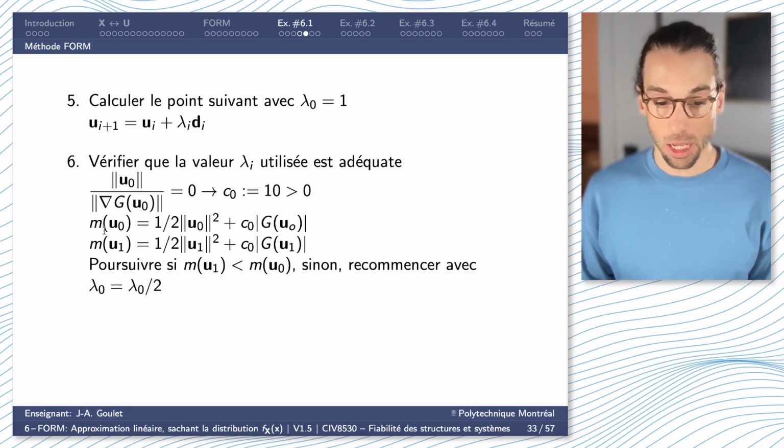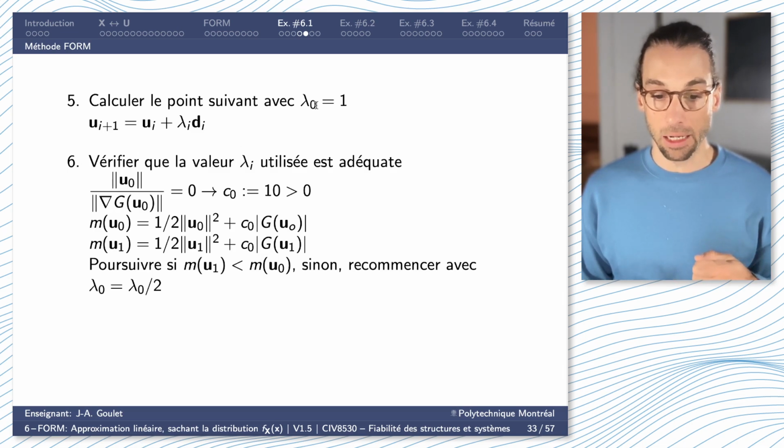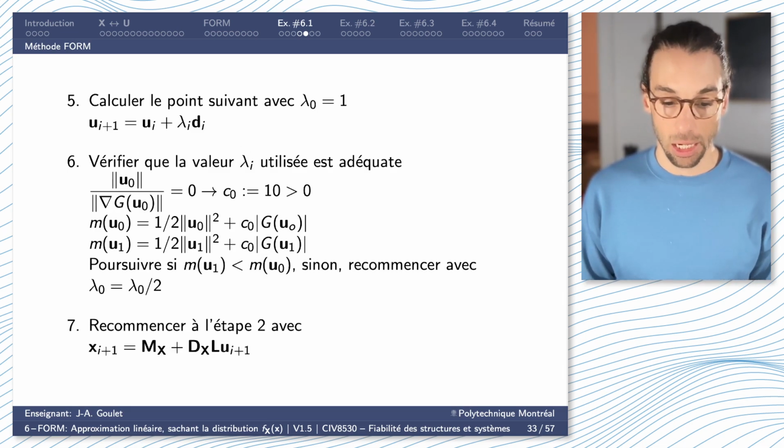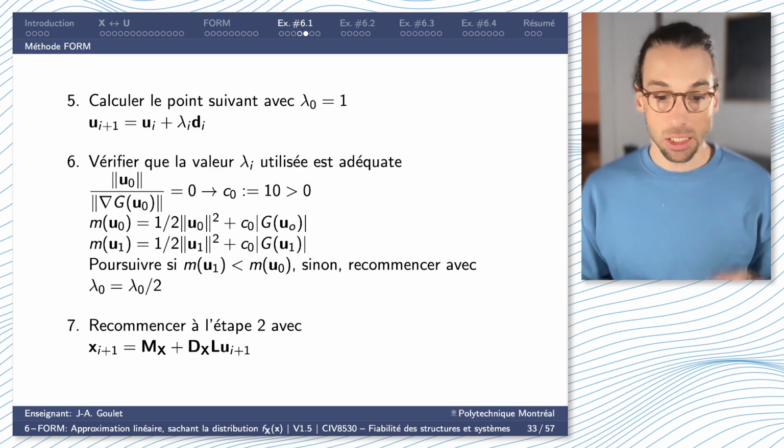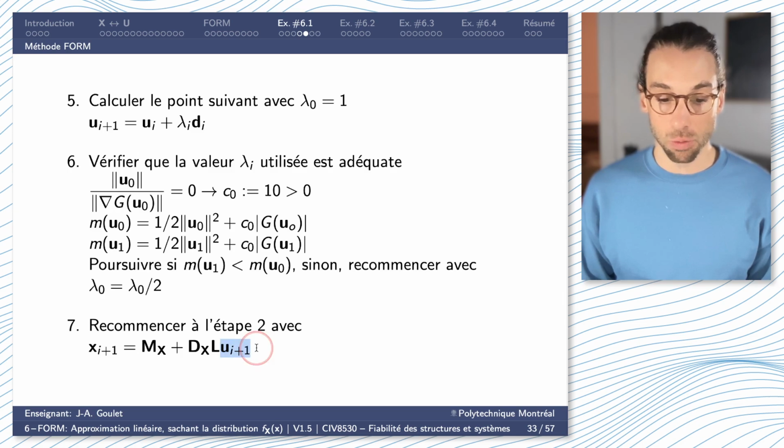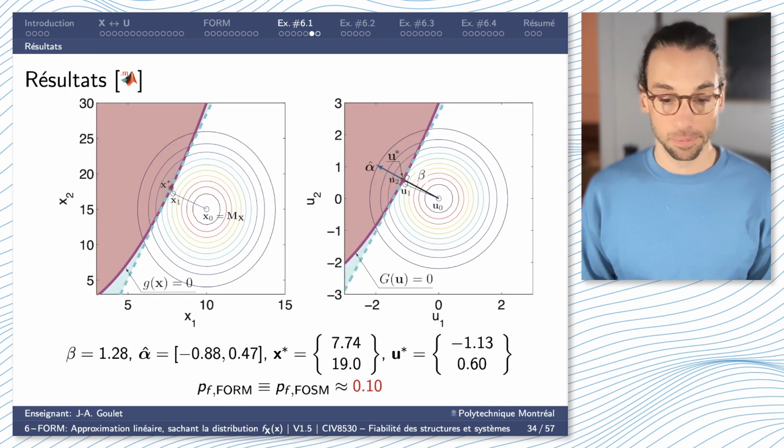So if the merit function doesn't decrease from u0 to u1, I'm going to divide lambda by 2. Otherwise, I carry on with lambda. And I'm going to restart at step 2 with the new linearization for the new point that's defined here.